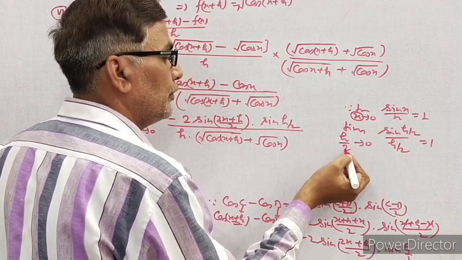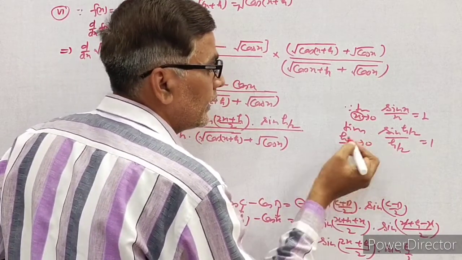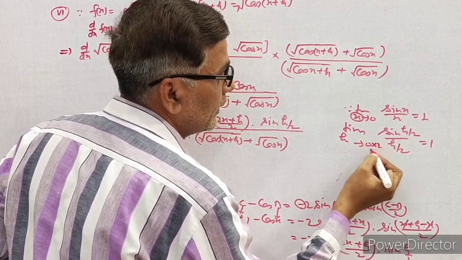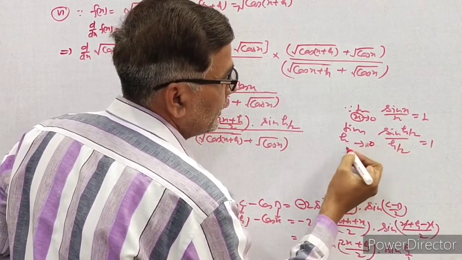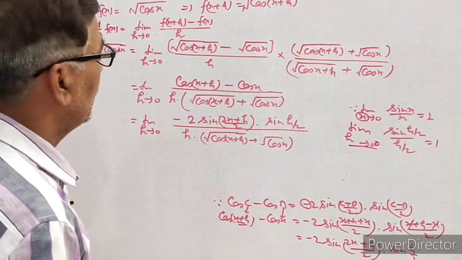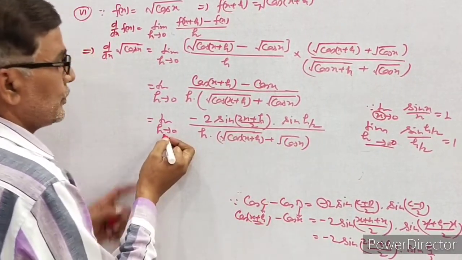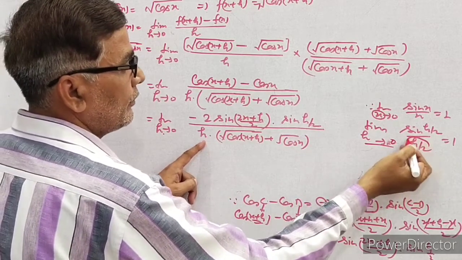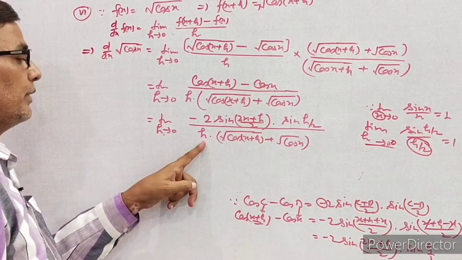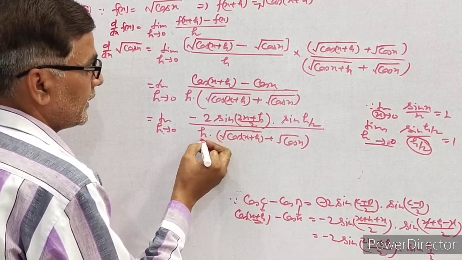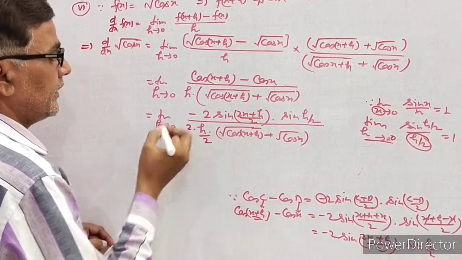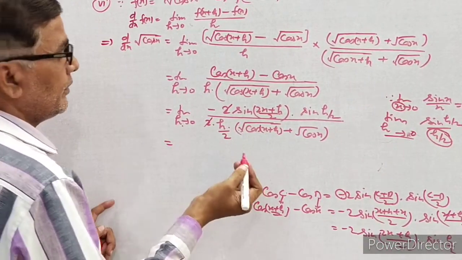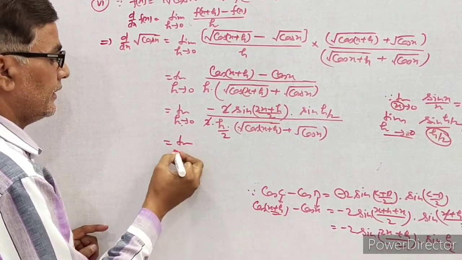So here we are having sine (h by 2), but here we are having only h, while we should have h by 2. So to make it h by 2, we must divide and multiply it by 2, and the 2 and 2 cancel out. Now extend the limit.